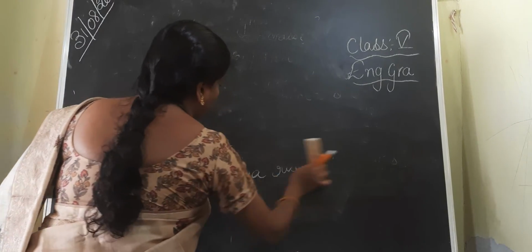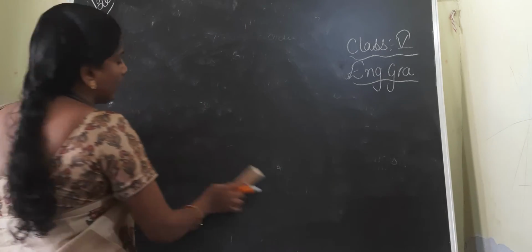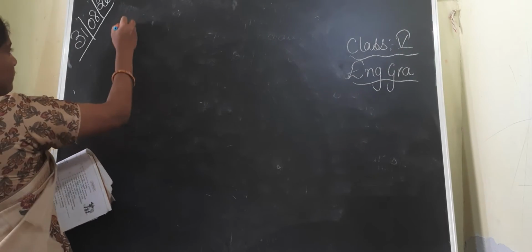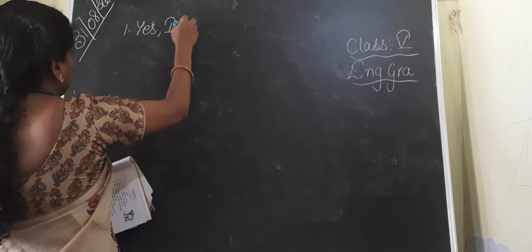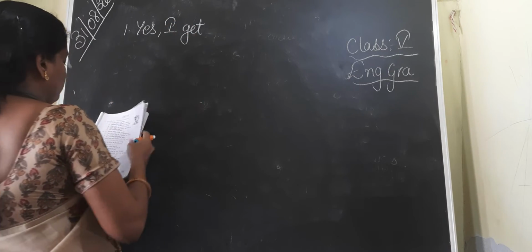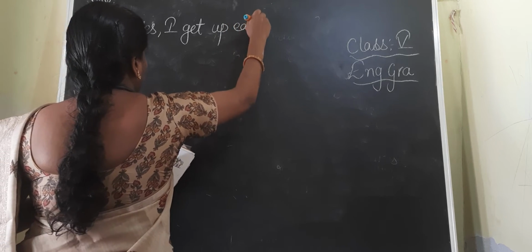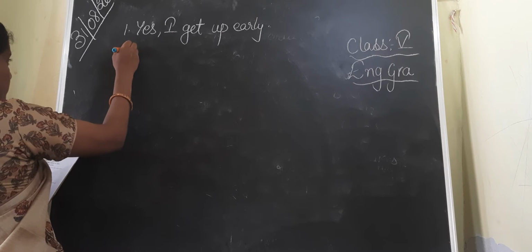The only thing you have to remember, children, is to identify the subject and the verb given to you. Now see, children. Yes, I get up early in the morning. Yes, I get up early. Enough. You have to write the question.